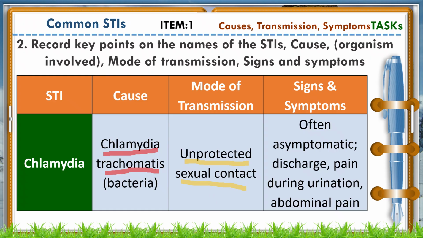The signs and symptoms: it is often asymptomatic. There is discharge, there is pain during urination, and also abdominal pain.